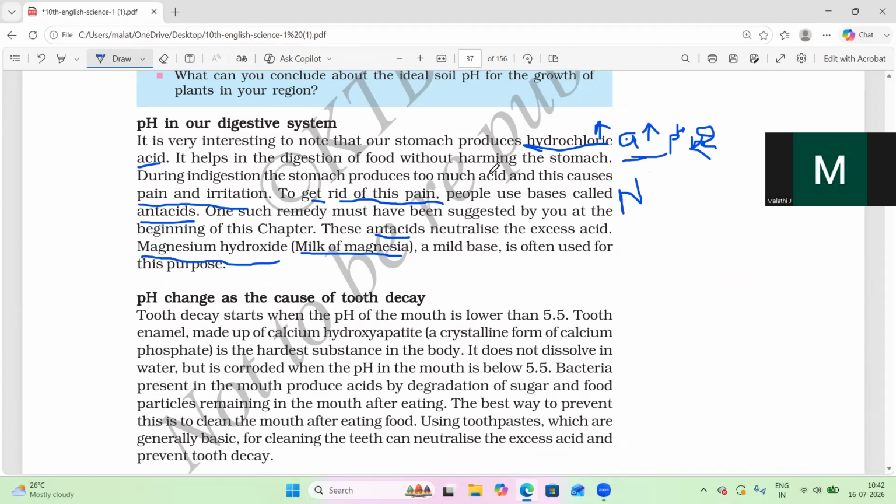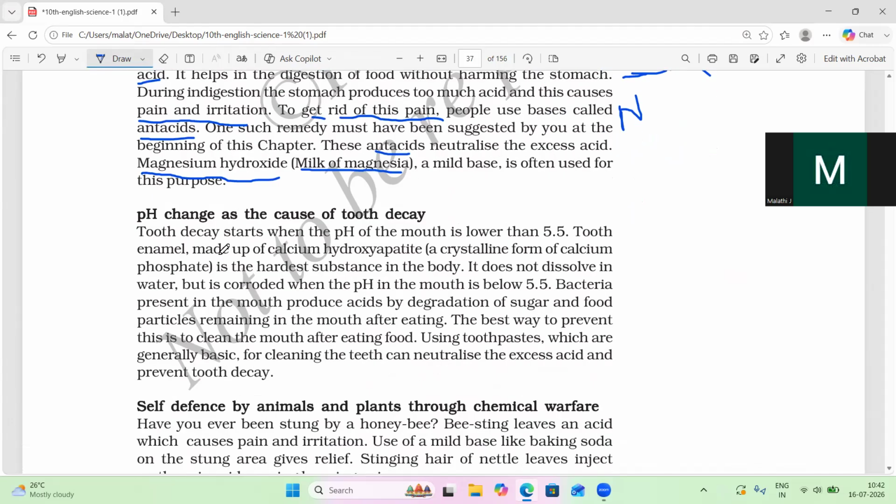So we get acidity, that is, pain and irritation in the stomach. To get rid of this pain we use antacids. One of the main antacids is magnesium hydroxide, which neutralizes the acidity in the stomach.